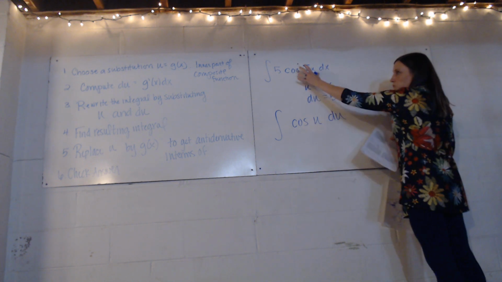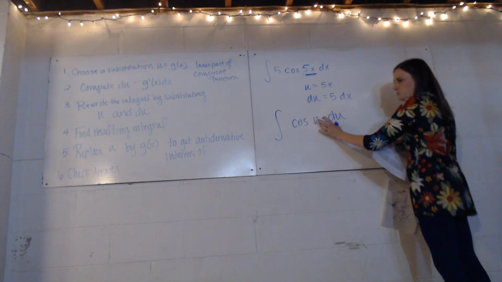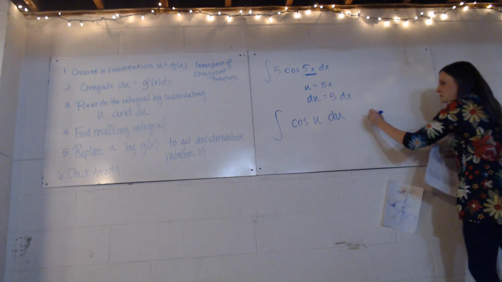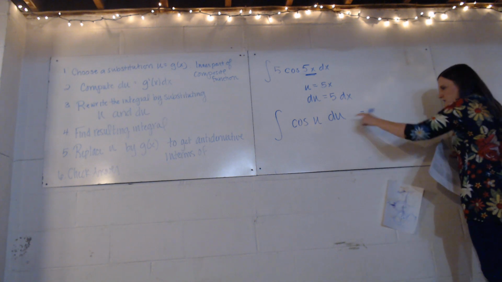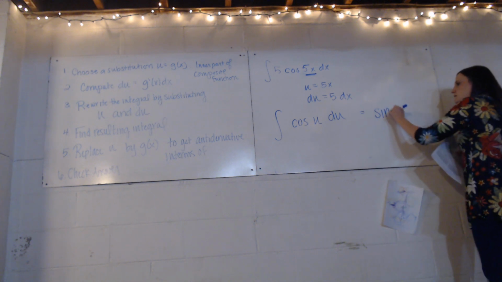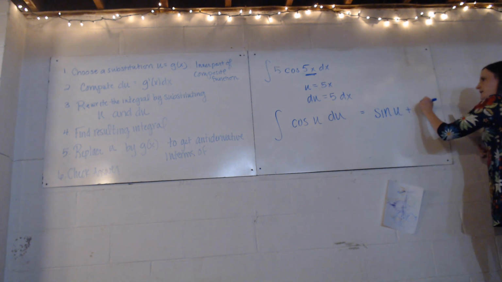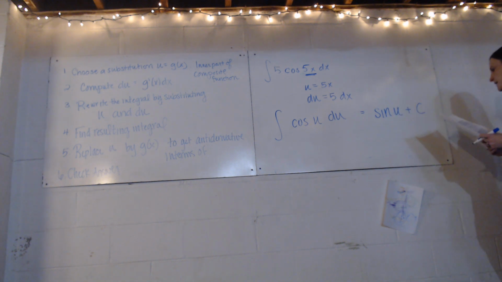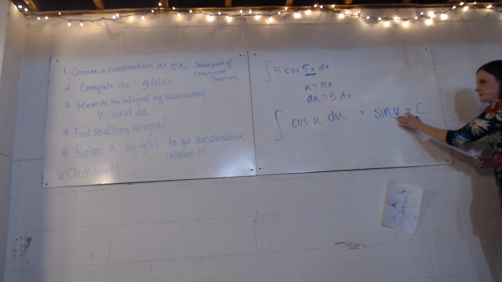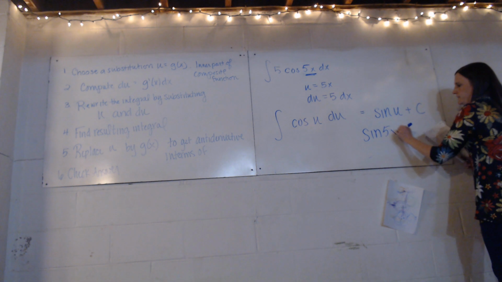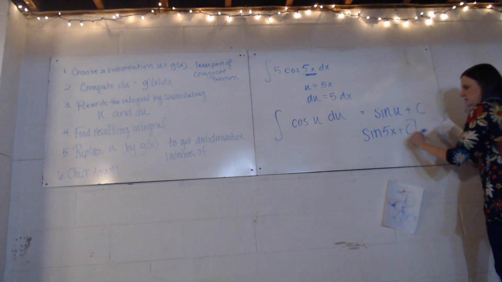This written out would be the same thing as this if I put in what these terms meant. Now I'm going to integrate this with respect to u. The integral of cosine is sine. And I'm going to add my plus c. And then I need to put in what u is, right? So u is 5x. So my answer is sine of 5x plus c.